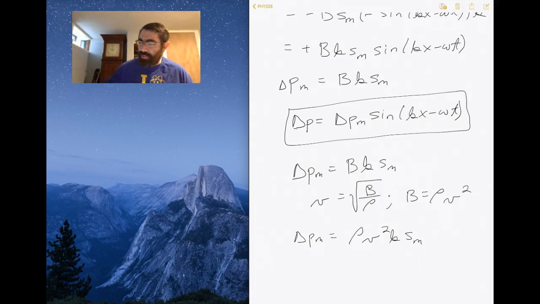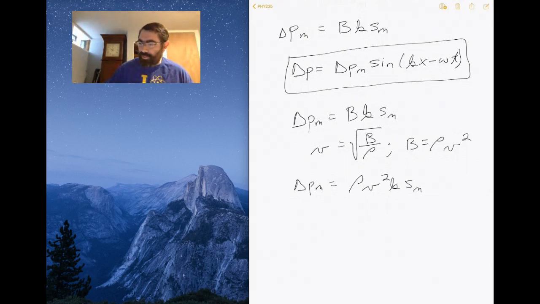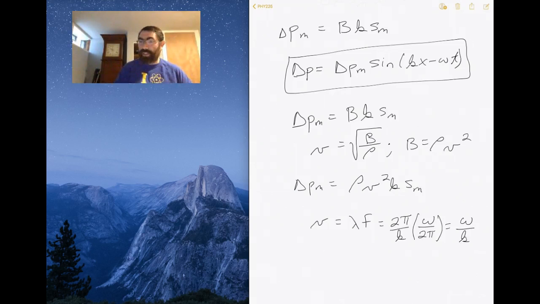Now we could play around with this a little bit further and say that the speed of the wave is also the wavelength times the frequency. And the wavelength we said is 2 pi over k, and the frequency is omega over 2 pi. So I could rewrite this as omega over k. So omega then is k times the wave speed.